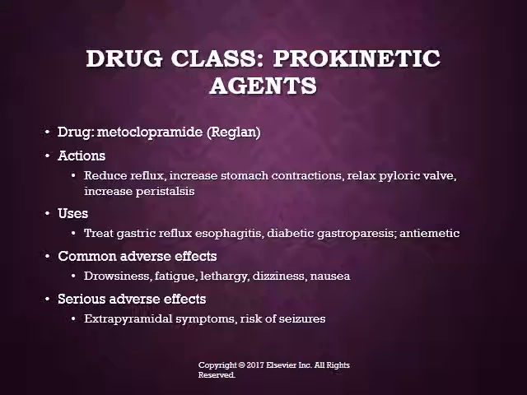So prokinetic agents on page 502 as well. This is your Reglan or your metoclopramide. So Reglan increases gastric emptying and reduces reflux by increasing the lower esophageal sphincter pressure.